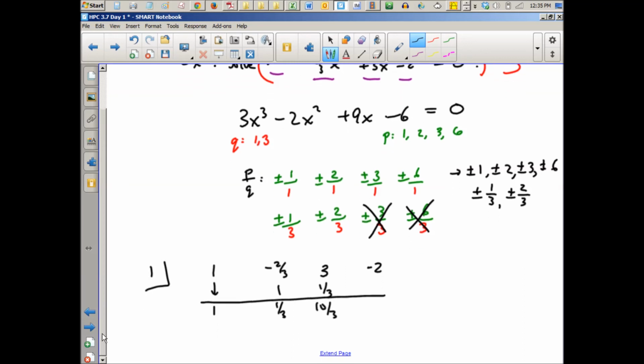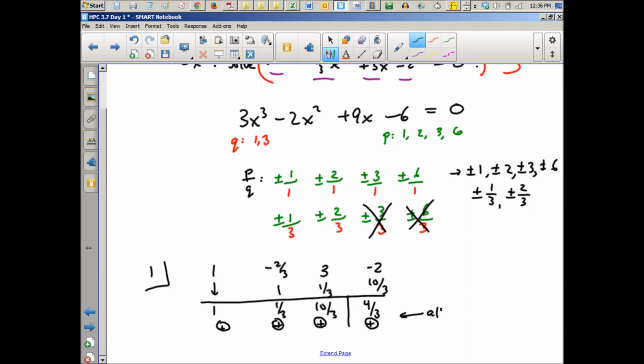You'll notice something about this answer, though, if you are actually pursuing it, this comes out to 4/3. You'll notice that every one of these numbers is positive. See that? So I just did my synthetic division, and I just noticed there are no sign changes at all in my final work there. I have a 1, a 1/3, a 10/3, and a 4/3.